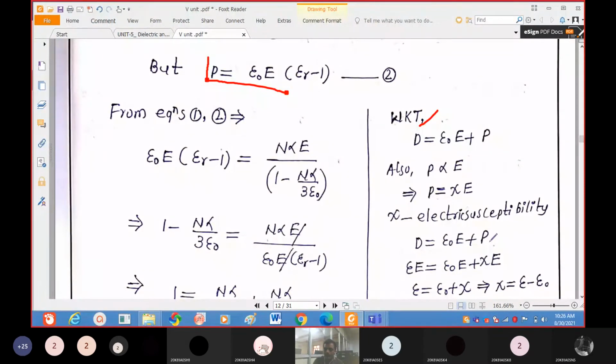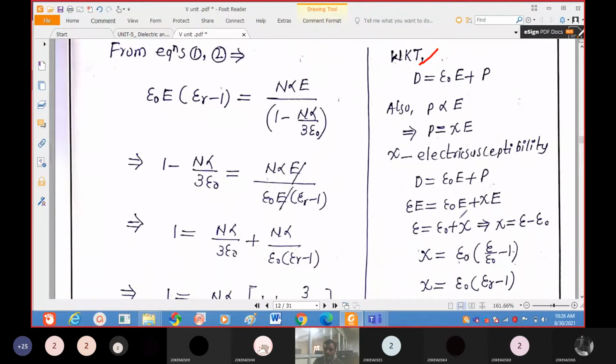Here we already know that there is a relation between displacement and applied electric field. Displacement D is equal to epsilon into applied electric field, where epsilon is the permittivity.